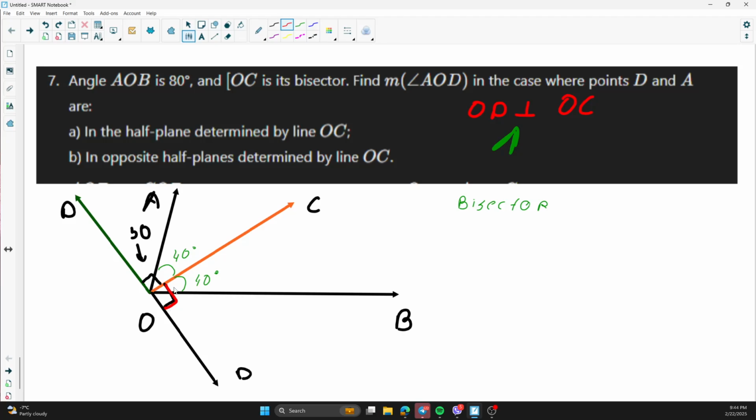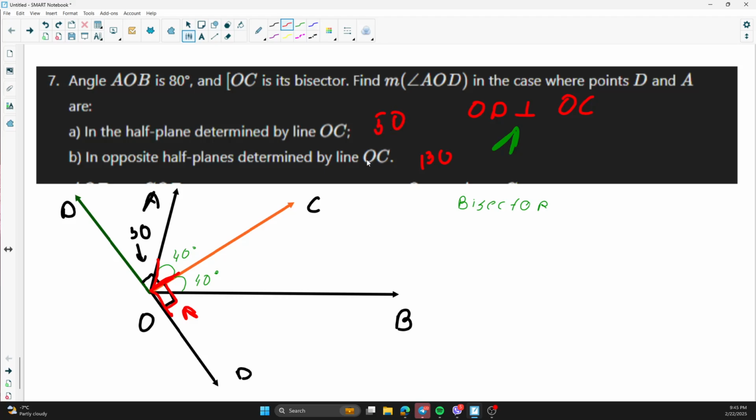So 180 minus 50, which would be. Hold on, it's not 180. You already have this angle, and you also need to add this angle, which is 40. So 90 plus 40 would be 130. So in case B it is 130, and in case A, AOD is going to be 50.